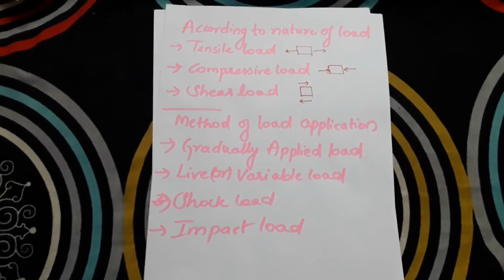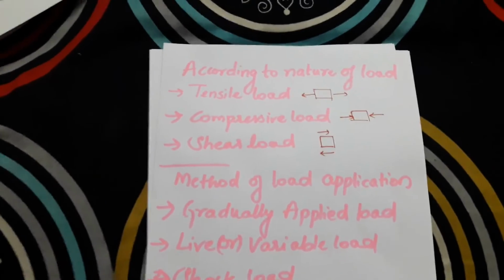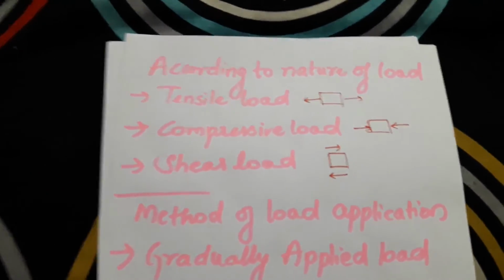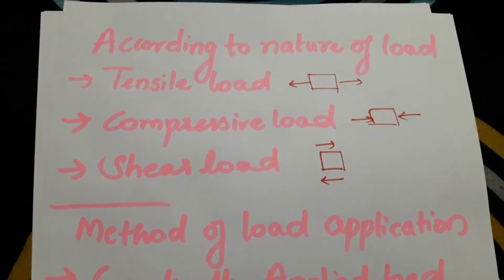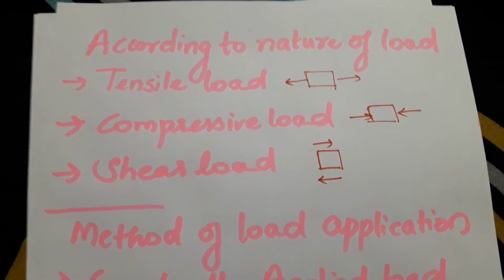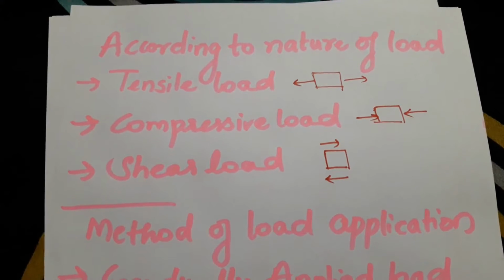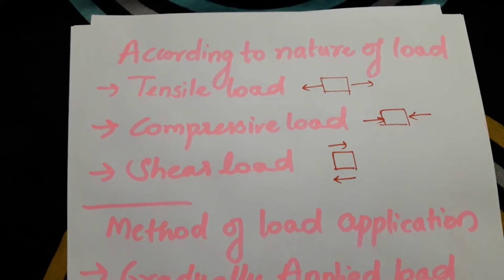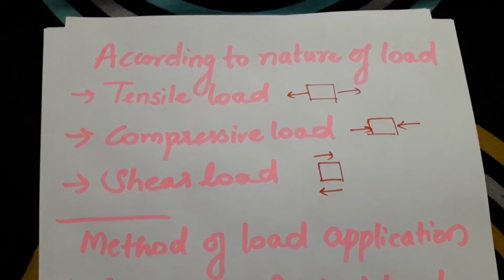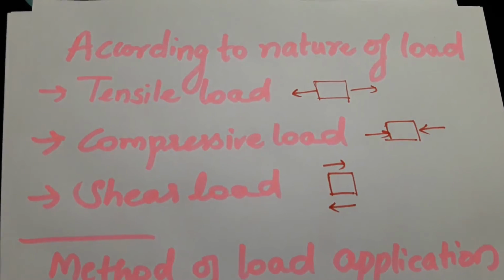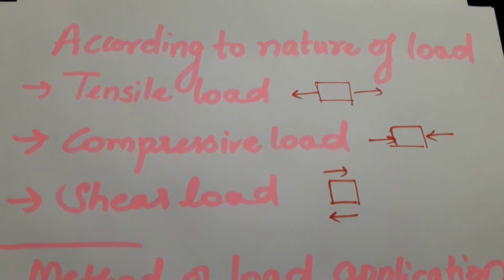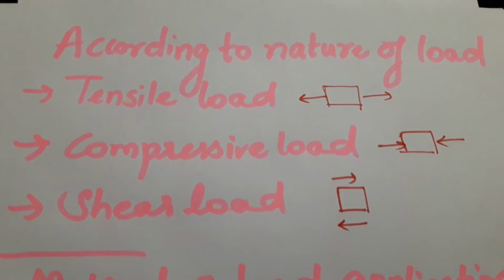In design of mission elements, the external forces acting on the mission elements are considered as loads. The following types of loads are considered to design the mission elements. According to the nature of load, the first one is tensile load, when the element is subjected to two equal and opposite pulls.